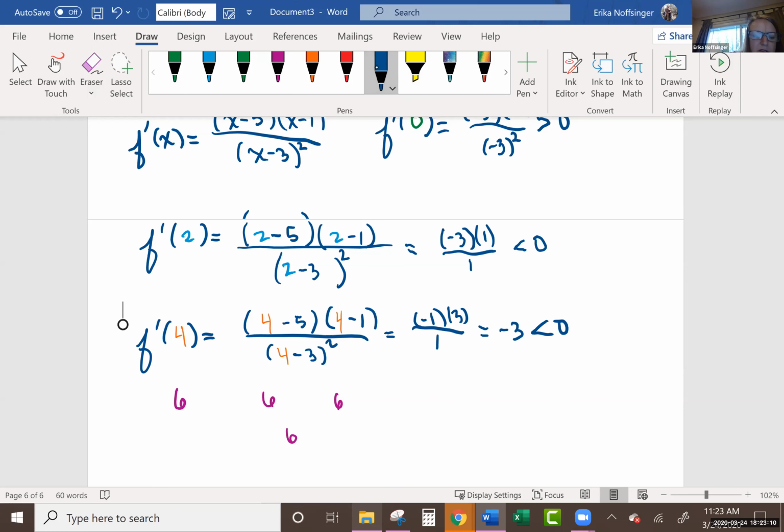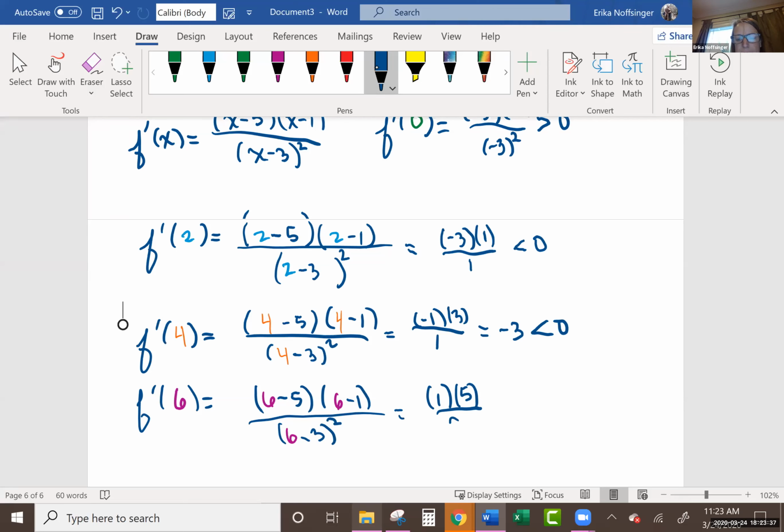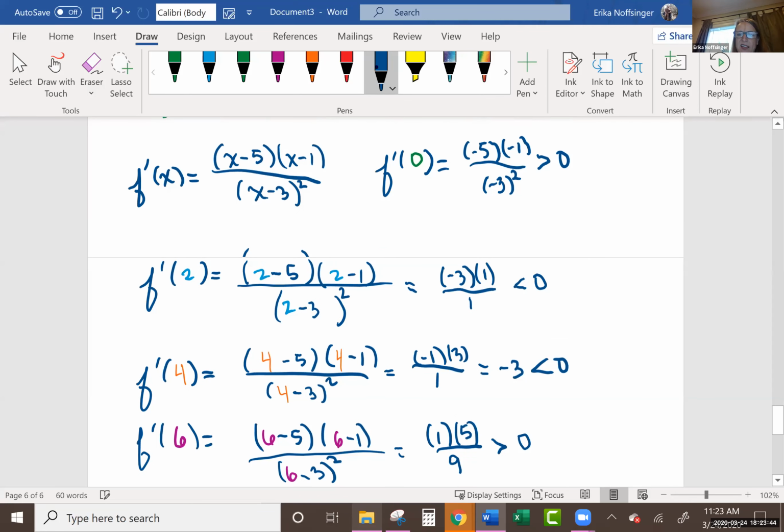So f prime of 6 is equal to 6 minus 5, all times 6 minus 1, all over the quantity 6 minus 3 squared. 6 minus 5 is 1, 6 minus 1 is 5, so 1 times 5, all over 6 minus 3 is 3, and 3 squared is 9. 5/9 is bigger than 0, and so I know on the right of 5 that it is increasing.